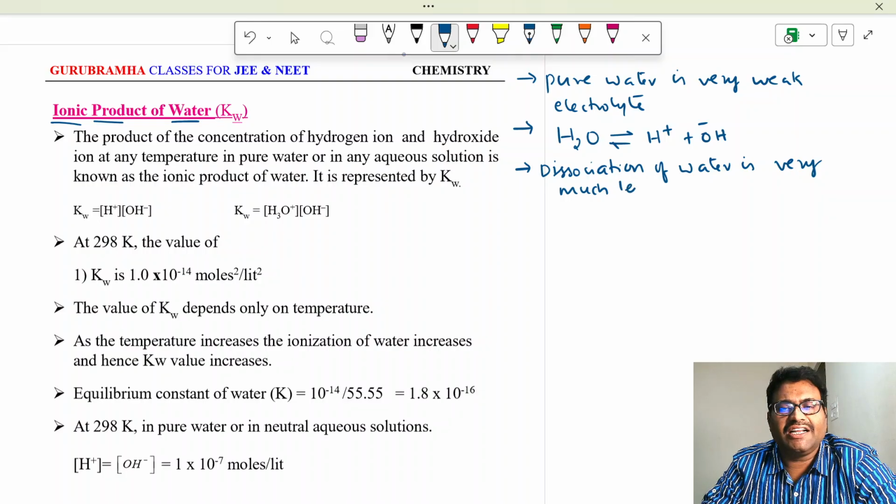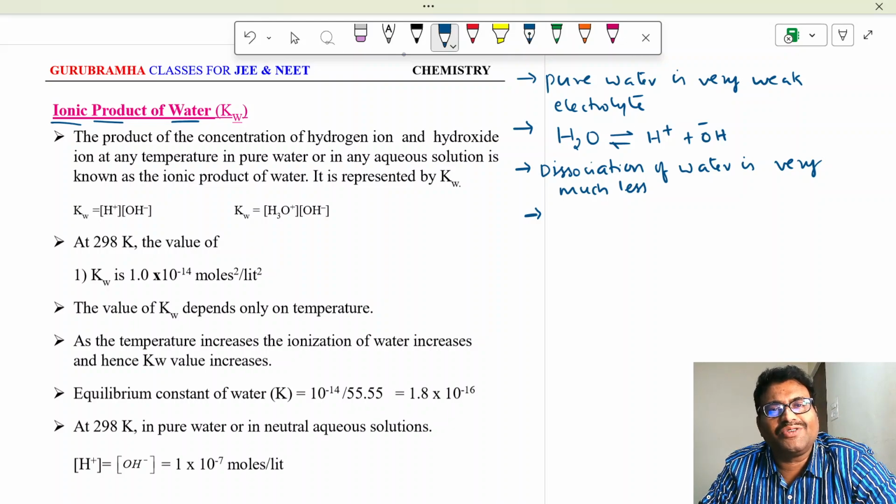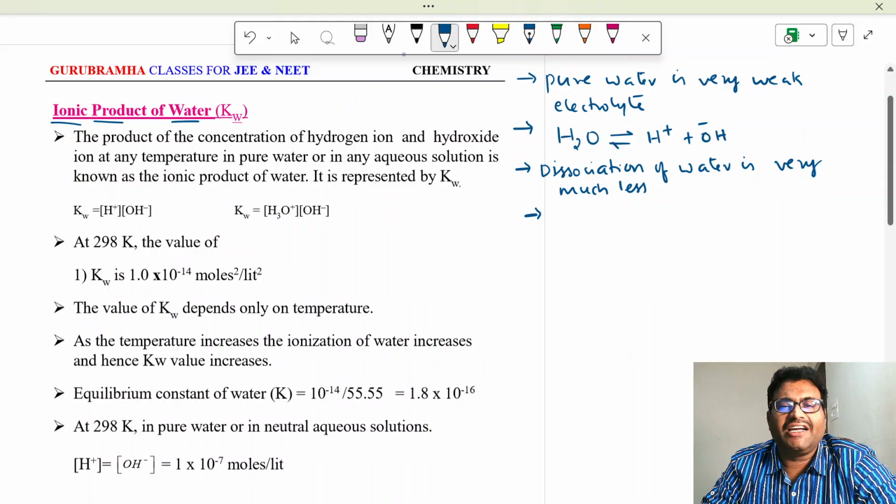This is represented in terms of degree of dissociation.